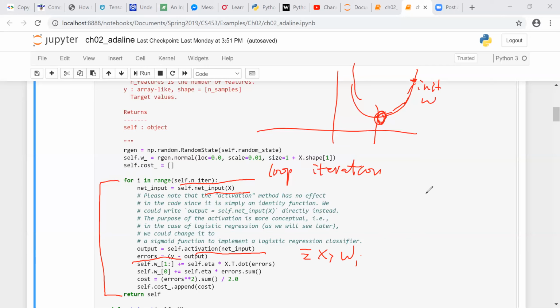And here we have the error. How do we find the weight update? The weight update is based on the learning rate, eta, times y minus phi z.